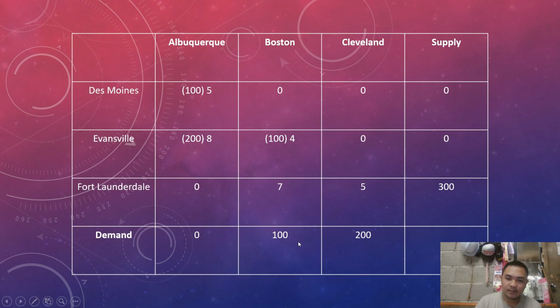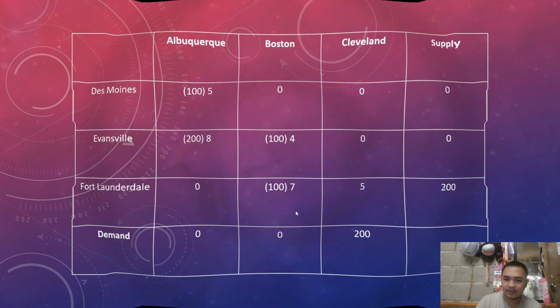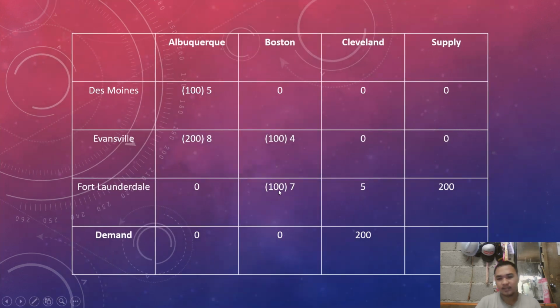We still have 100 demand, so we'll allocate 100 from the supply of Fort Lauderdale to Boston. We end up with 200 left for the entire supply. Since Cleveland's demand is 200 and the supply from Fort Lauderdale is also 200, they just cancel each other out.